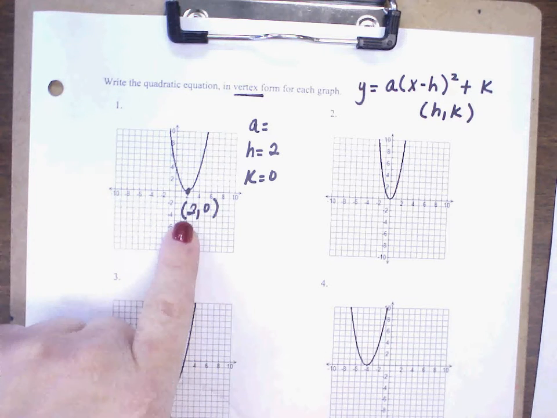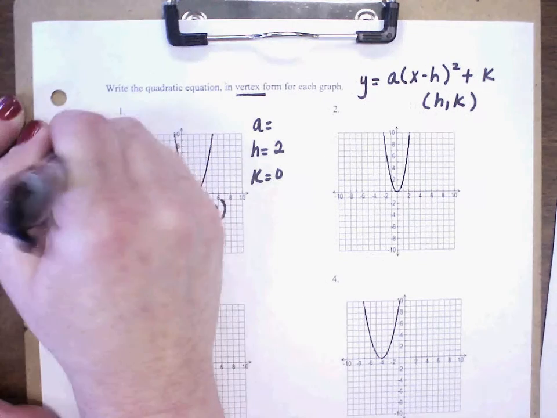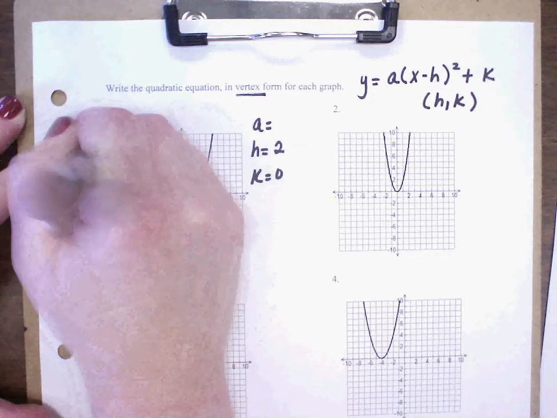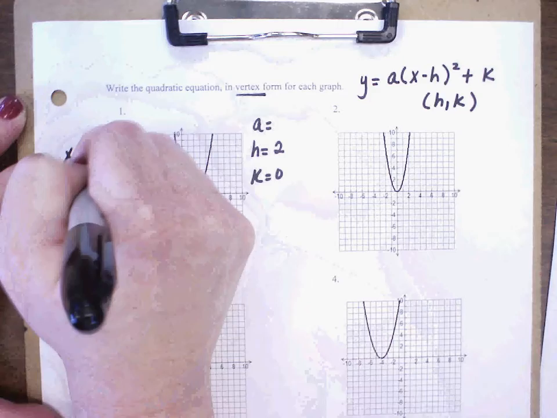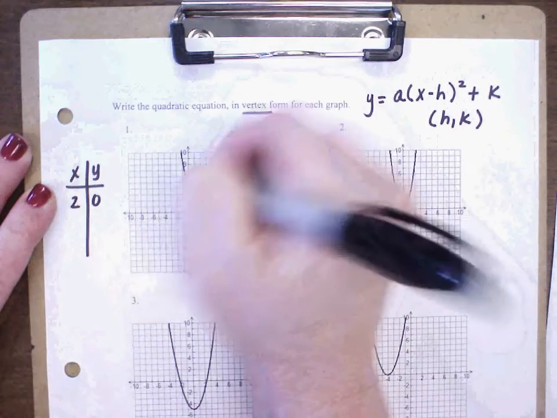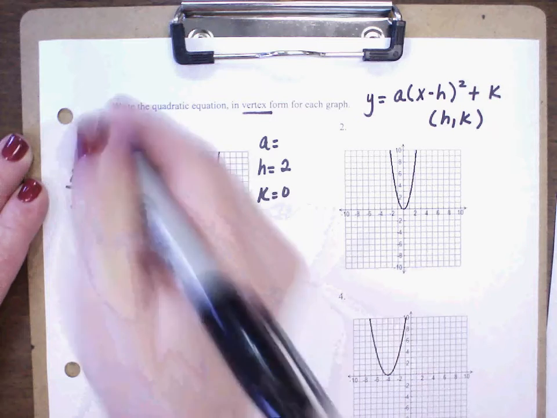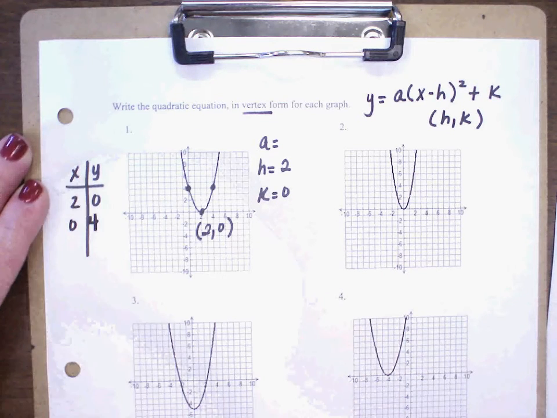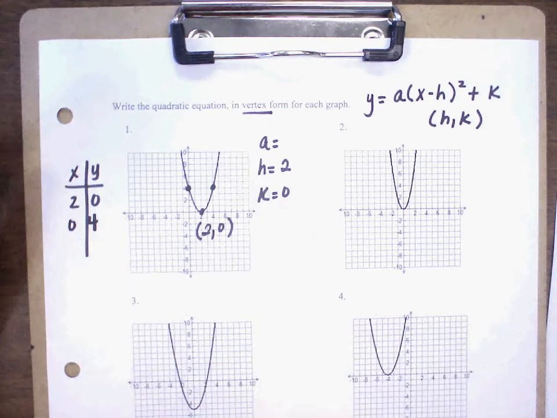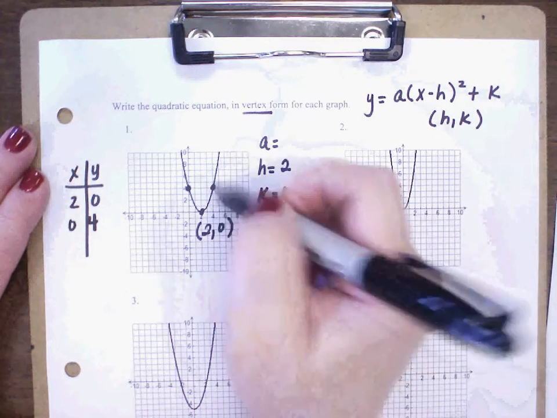So all I need to do is look for 2 more points that I can read from the graph and then go to my calculator, and instead of doing a linear regression, I'm going to do a quadratic regression. But you need to remember that for a quadratic regression, you need at least 3 points. The vertex is most definitely one of them. Okay? So, I'm going to go ahead and write my X and my Y table.